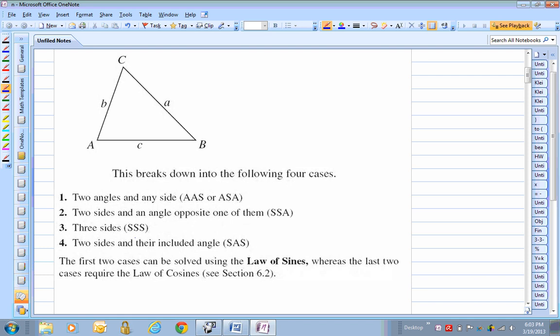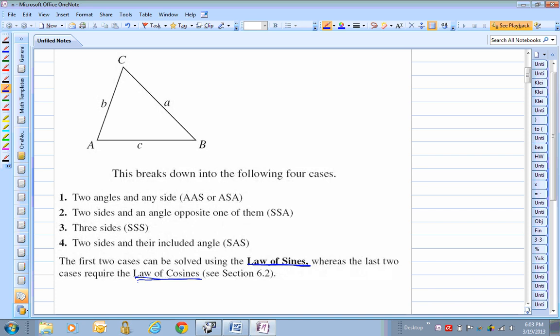Then we could have three sides, which would be side-side-side. Or we could have two sides and their included angle, which would be side-angle-side. So there are four cases. The first two cases can be solved using the laws of sine, which is what we're going to work on this evening, whereas the last two cases require the law of cosine, and we will talk about that tomorrow.